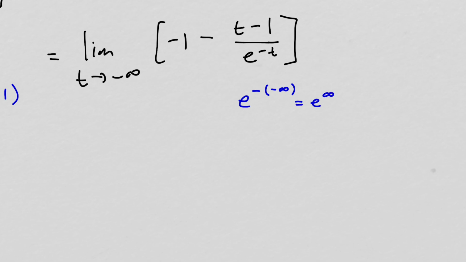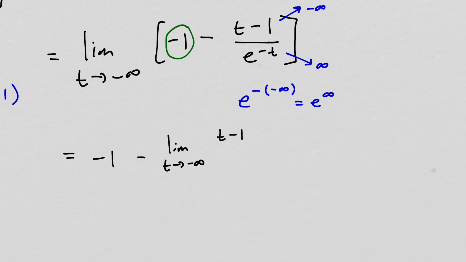So basically, the top is going to negative infinity and the bottom is going to infinity. So because of this, we can apply L'Hopital's rule to this limit here. Now, of course, don't forget you also have this constant. So we know this is going to be equal to the constant negative 1 minus the limit as t goes to negative infinity of this expression.